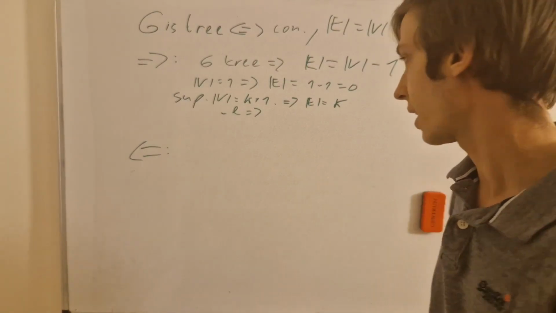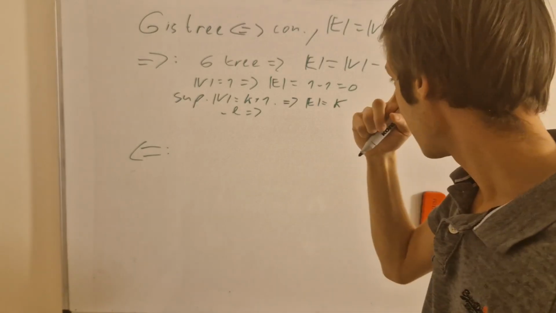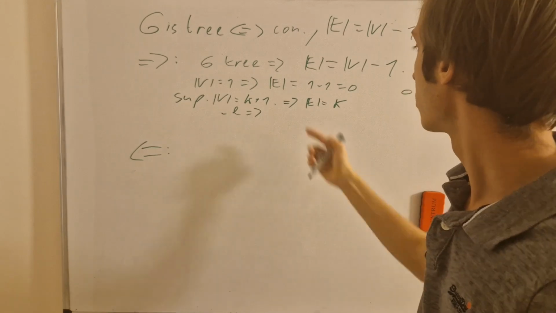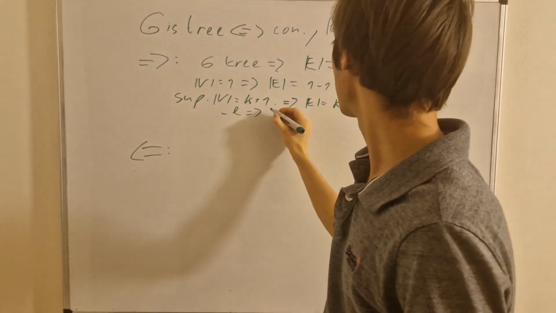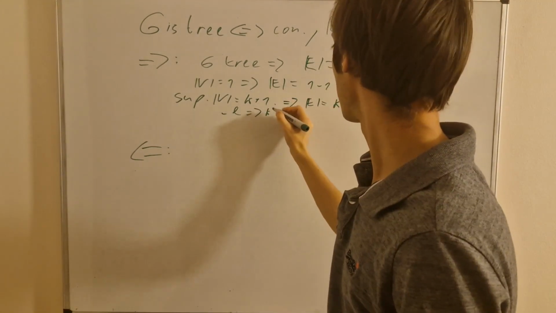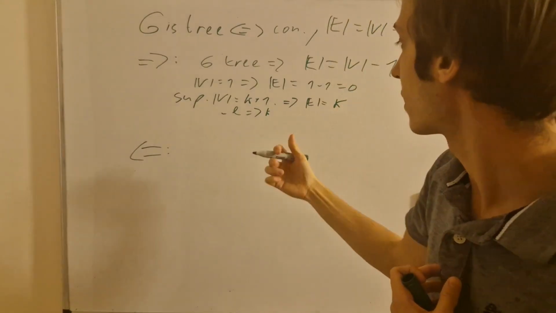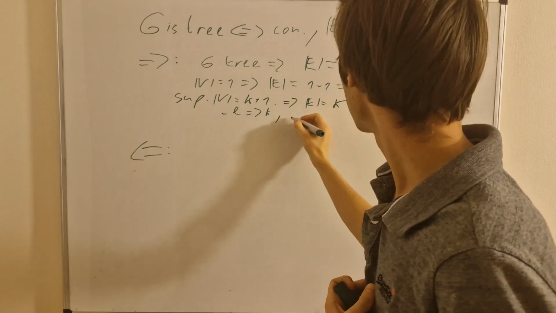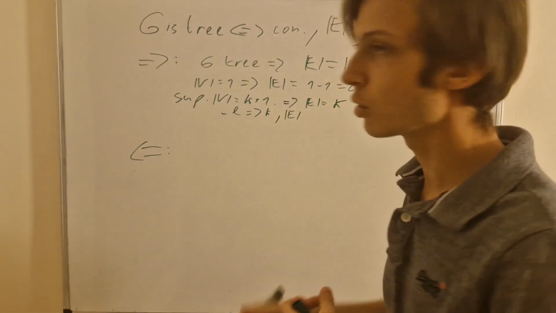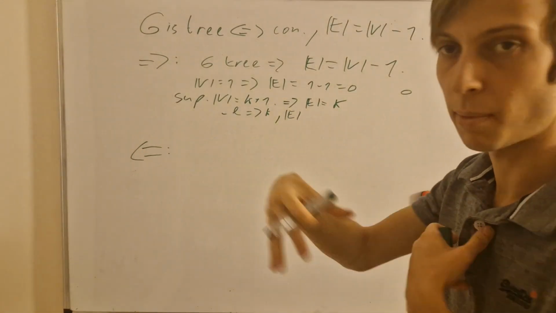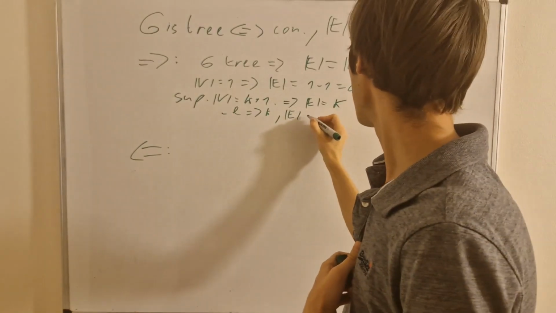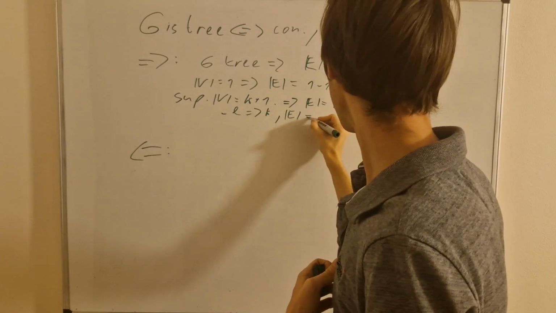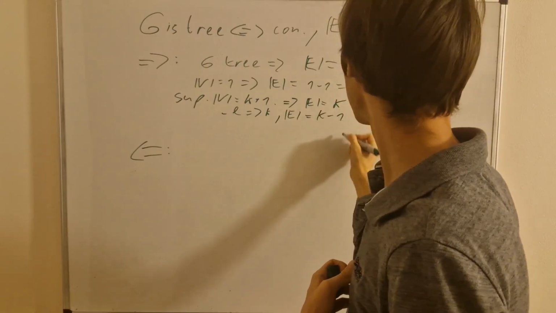So if we remove that leaf, the edge that connects it to the rest of the graph is lost as well. From k plus 1 vertices, we remove a vertex and get back to k, and the edge set reduces by exactly 1 also, so we have k, and this will be back to k minus 1.